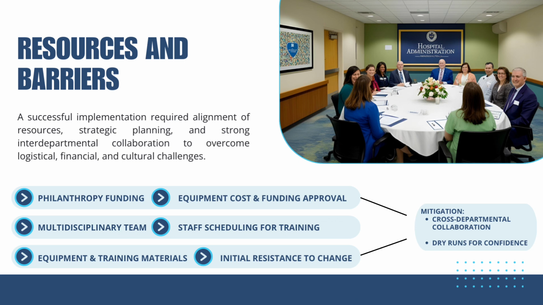The resistance to change was minimal, but it was still there, and coordinating with staff for training across all these departments involved. So we addressed these challenges through early collaboration, thoughtful planning, and structured dry runs to build staff confidence and buy-in.